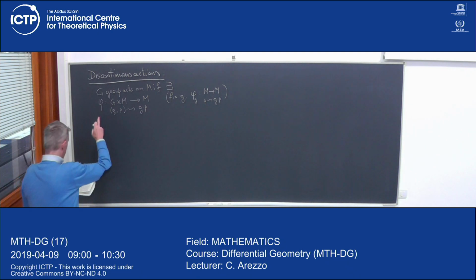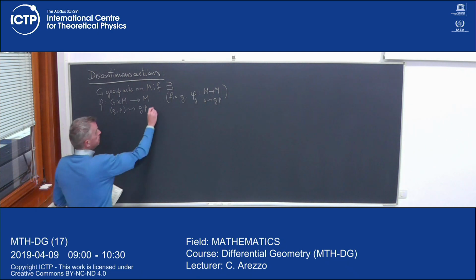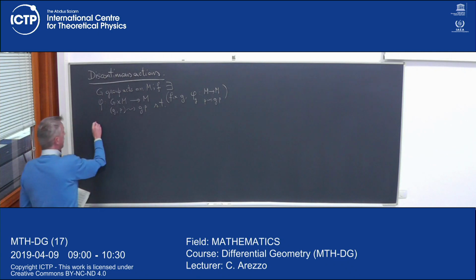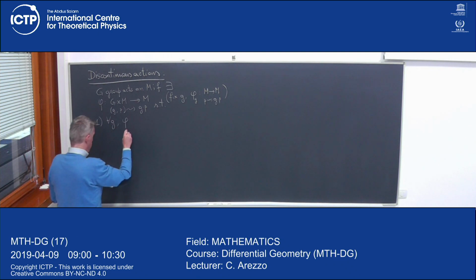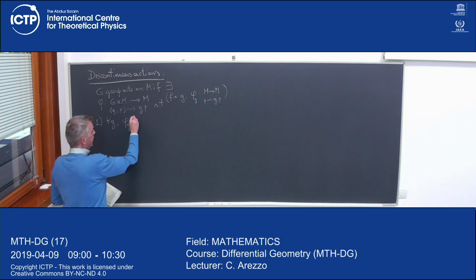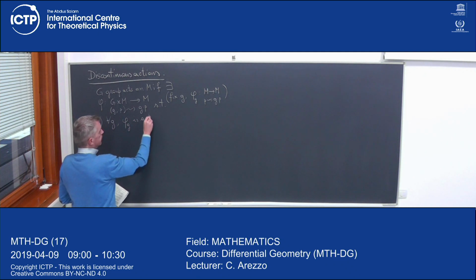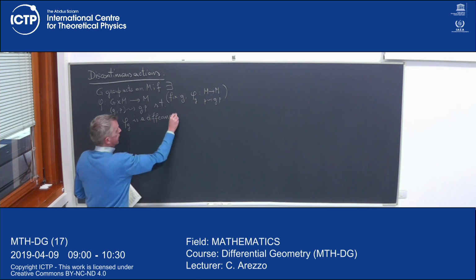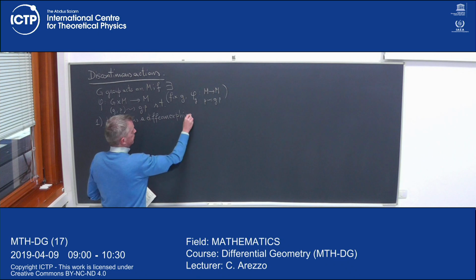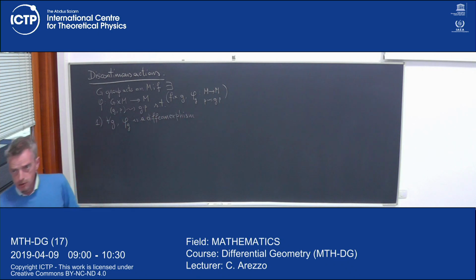So I need a map with a few properties. One, for any g, phi g is a diffeomorphism. Now here, just because I'm doing differential geometry; if this was just a topological space, you could say it's a homeomorphism or something like that.